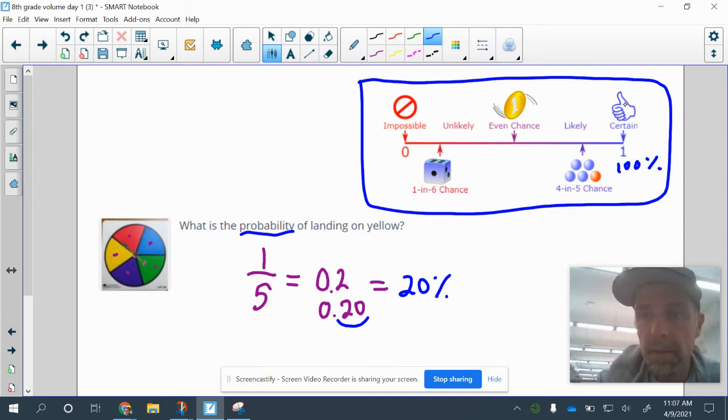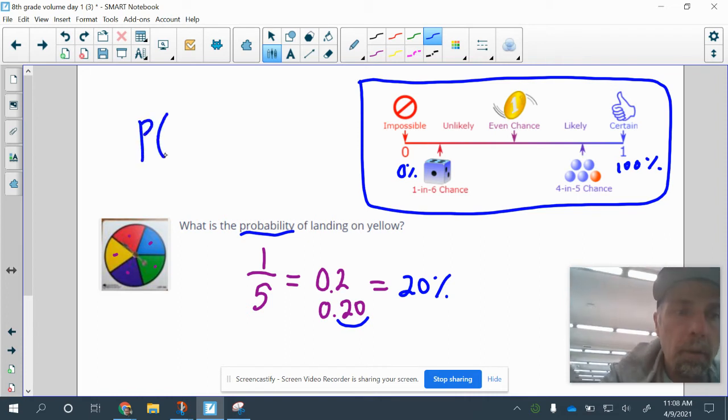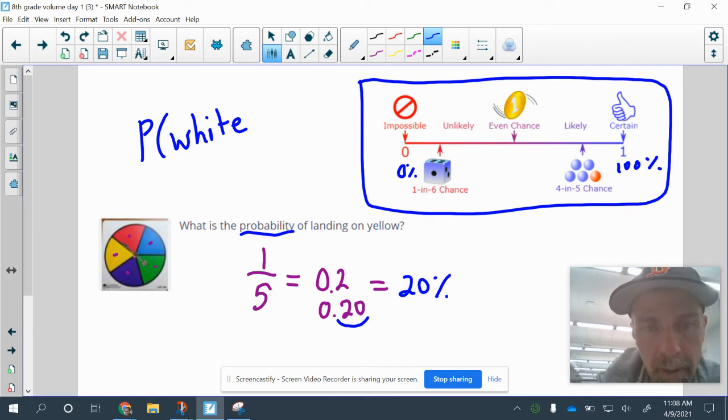So we know it's not certain. 0% means there's no way it could happen. So maybe if you were doing the probability of white, there's no way you can spin the spinner and land on white because there is no white square, no white triangle on there. So impossible is 0%, certain is 100%. So 0 to 1.